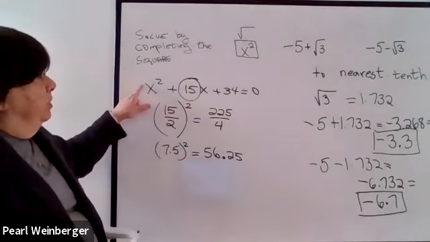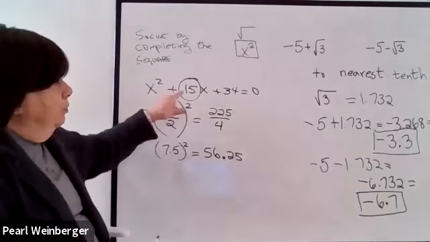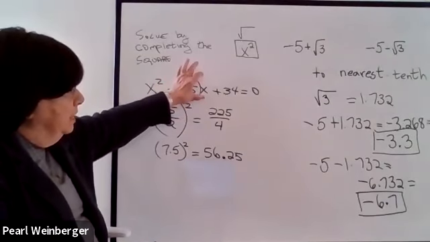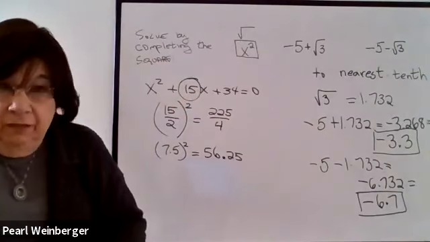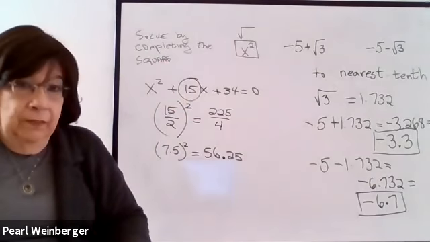The number in front of the x squared was 1, which is called the leading coefficient. And the number in front of the x, the coefficient of the plain term, the one that doesn't have a square, is even. In that case, I like to use completing the square.